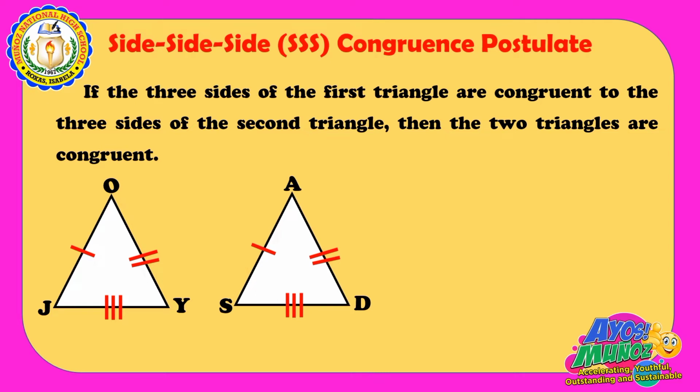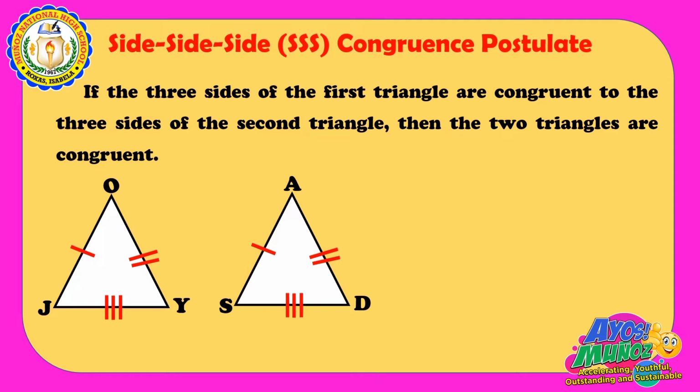If you notice, we have different marks on the given sides of the first triangle and also for the second triangle. For the first triangle, we have equal marks to the second triangle.